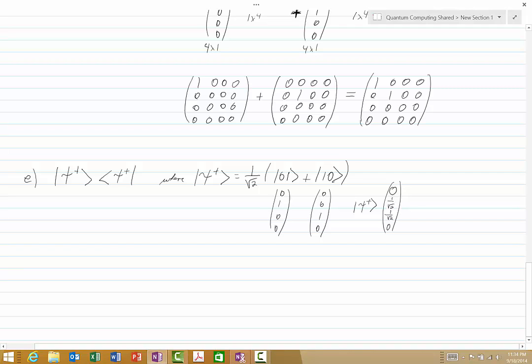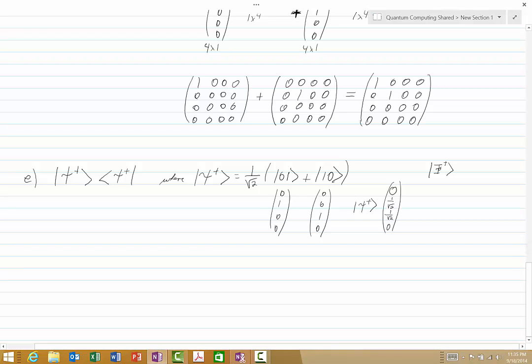And for those of you who worked with the original vector that was given, the 0 0 plus 1 1, that is actually phi plus. So let's see what you would have gotten. Well, 0 0 corresponds to the column vector 1, 0, 0, 0, and 1 1 corresponds to the column vector 0, 0, 0, 1.